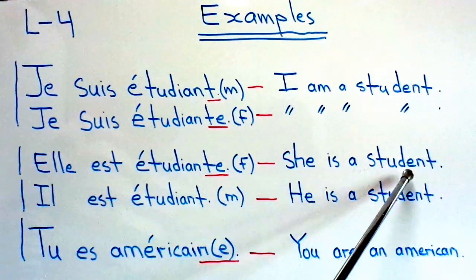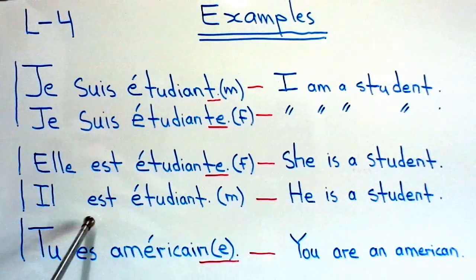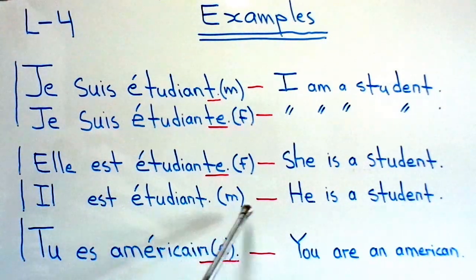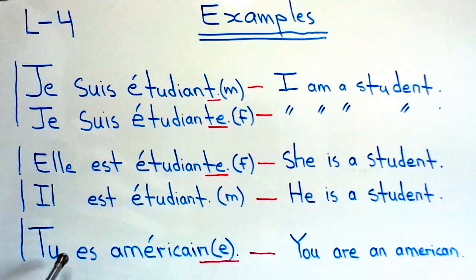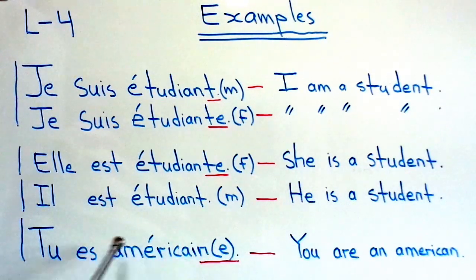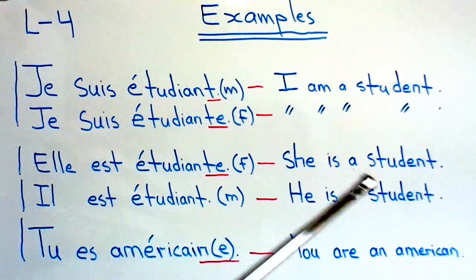She is a student. Il est étudiant. You don't pronounce the last consonant or last T. Il est étudiant. He is a student. Tu es américain. You are an American. If the subject is a female, you pronounce the ending. Tu es américaine. You are an American.